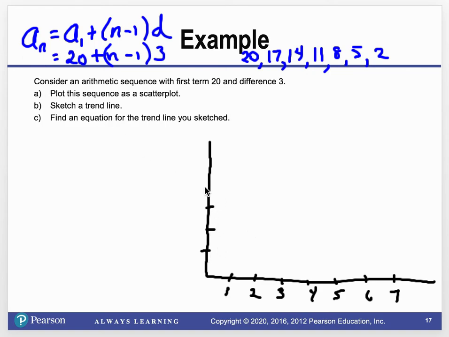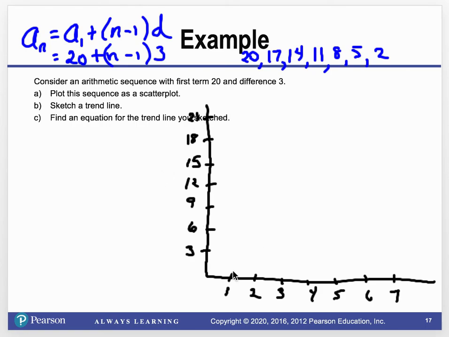And I see that my numbers go from 2 to 20. So maybe let's go by threes, just because that's the room I have here: 3, 6, 9, 12, 15, 18, 21.